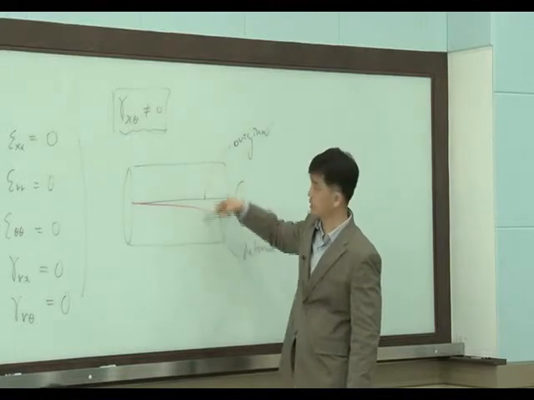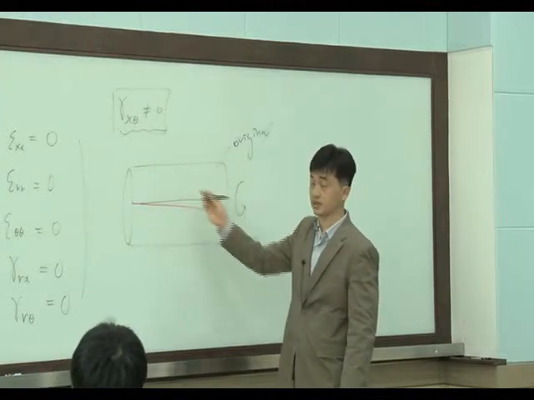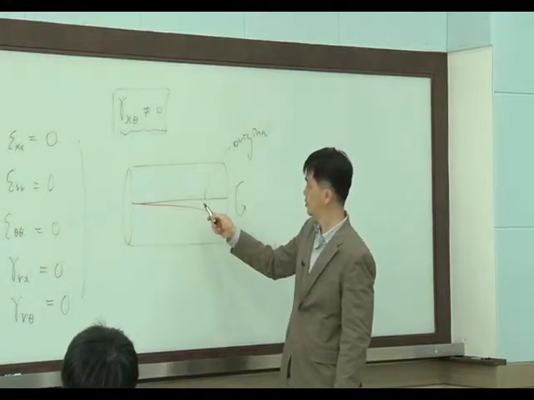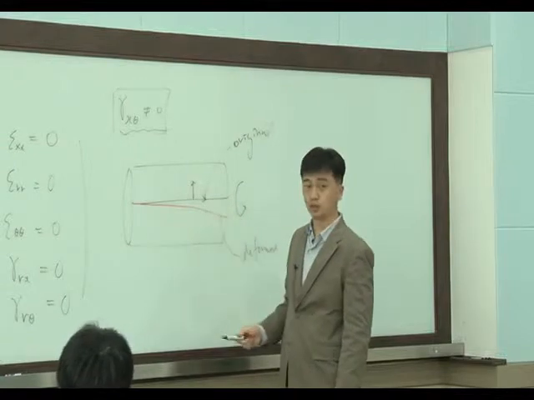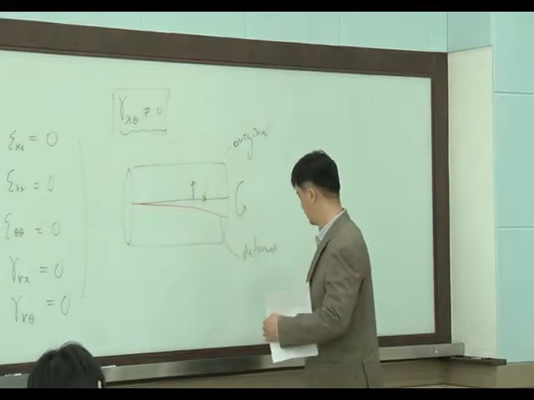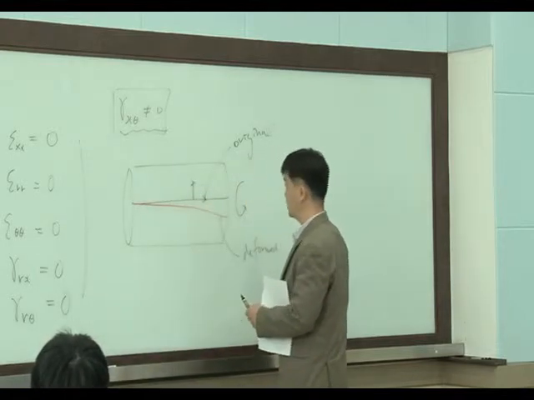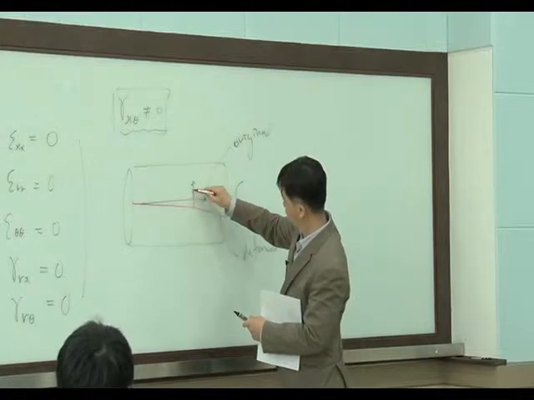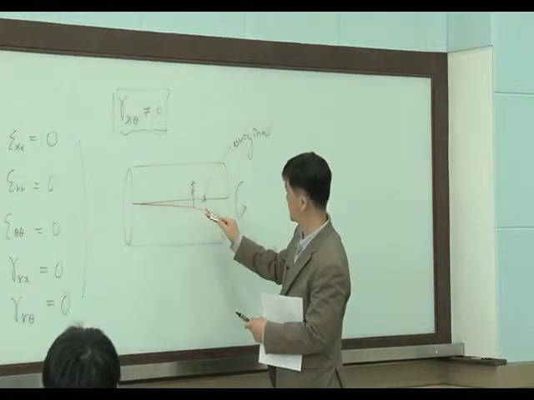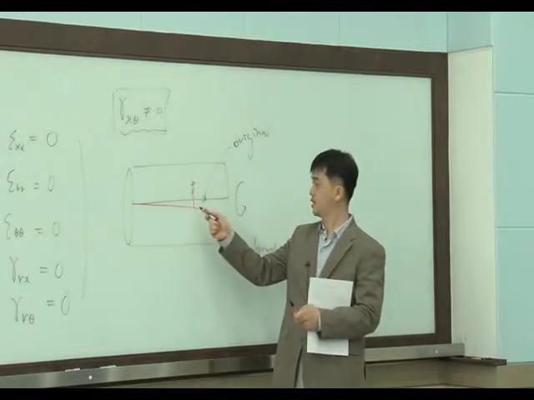Theta is this direction, and this is the x direction. So originally these two vectors changed to this vector and this vector. It means their angle is changed.